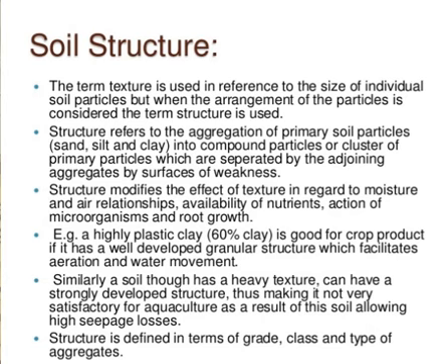Structure refers to aggregation of primary soil particles, that is sand, silt, and clay, into compound particles or clusters, which are separated from adjoining aggregates by surfaces of weakness. Soil structure is described in terms of grade, class, and types of aggregates.